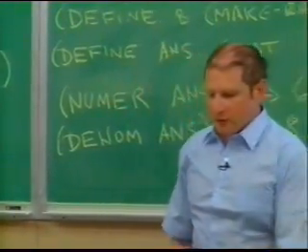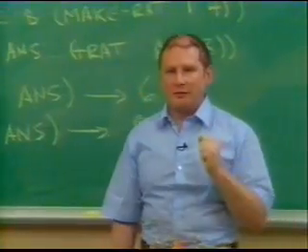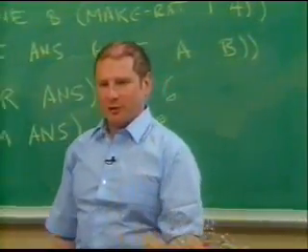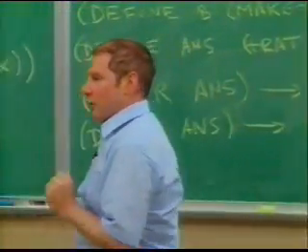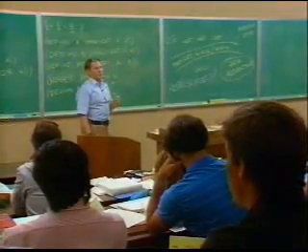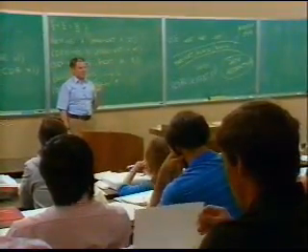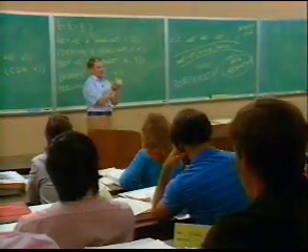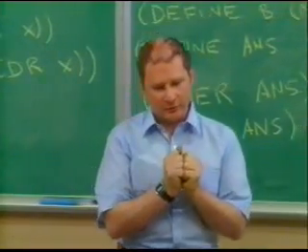Well, it goes back to this notion of naming. Remember, one of the most important principles in programming is the same as one of the most important principles in sorcery: that if you have the name of a spirit, you get control over it.